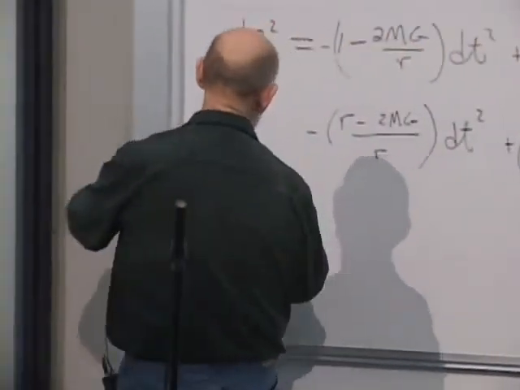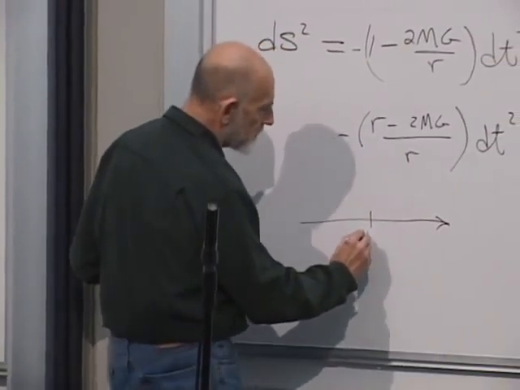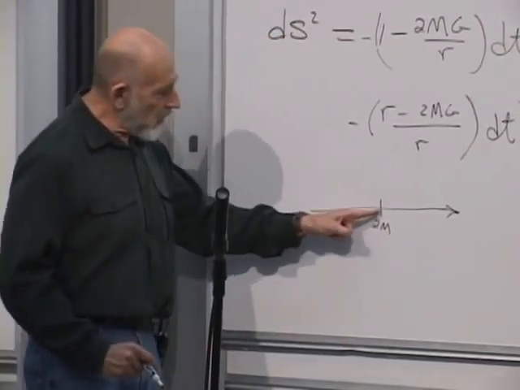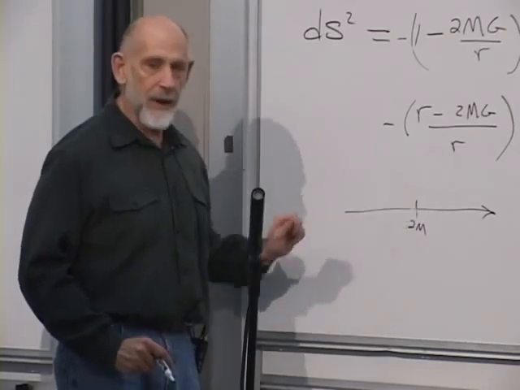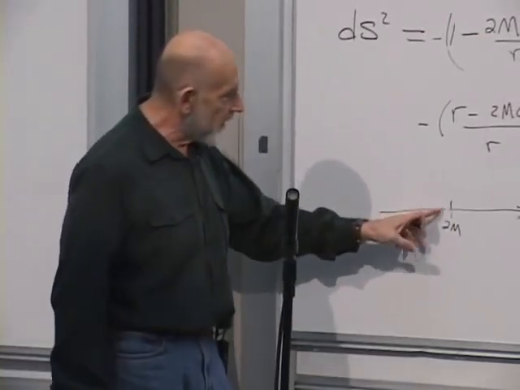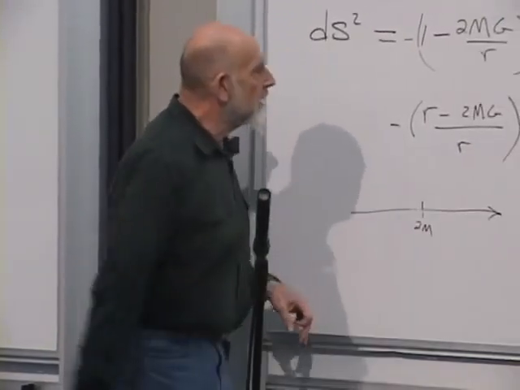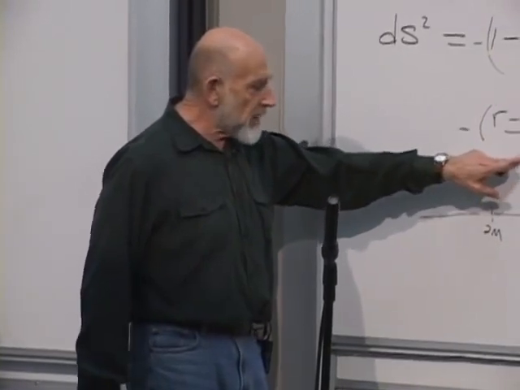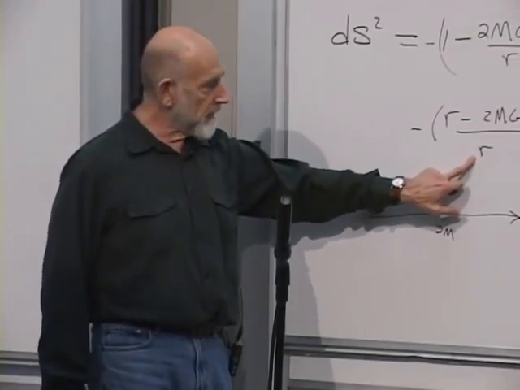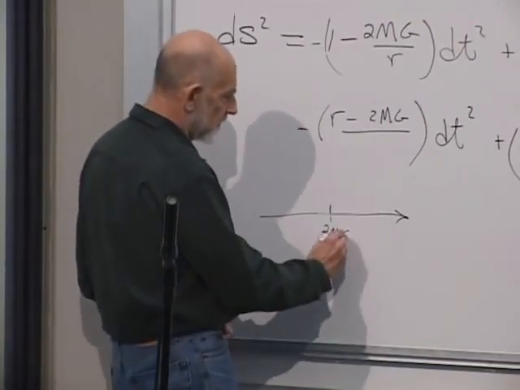Let's suppose here is the r axis. Here is 2mg. We're going to only be moving a little bit, just to explore the very, very neighborhood of this point. So we're going to make little excursions away from this point, but r is not going to change much. So I'm going to replace r by 2mg.